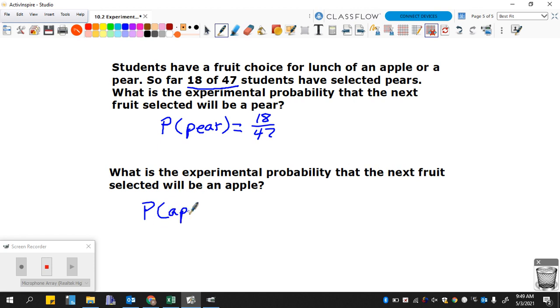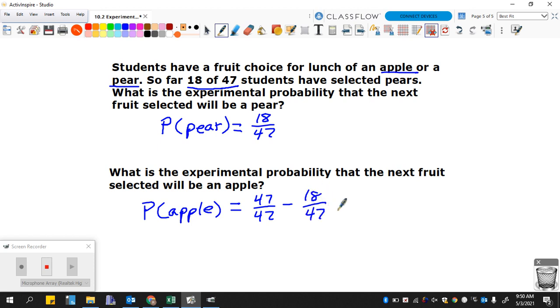Well, because we only have an apple or a pear, those are our only two choices. So the probability of choosing an apple would be 47 out of 47 minus the probability of choosing a pear, which is 18 out of 47.